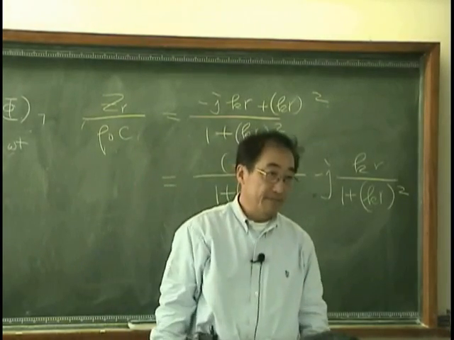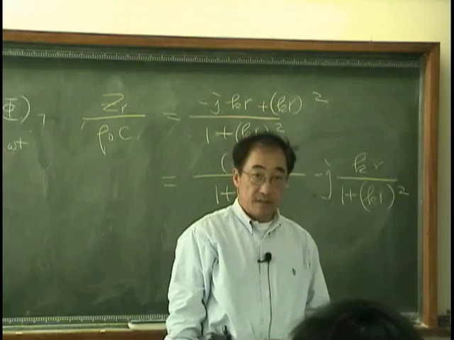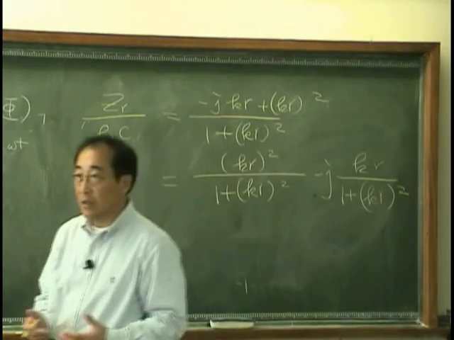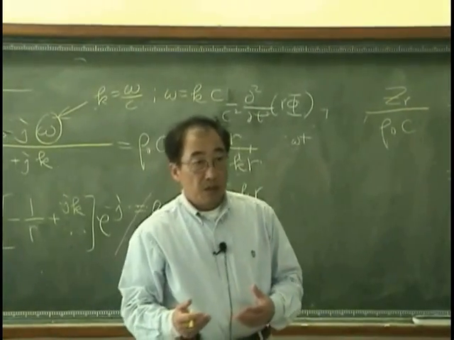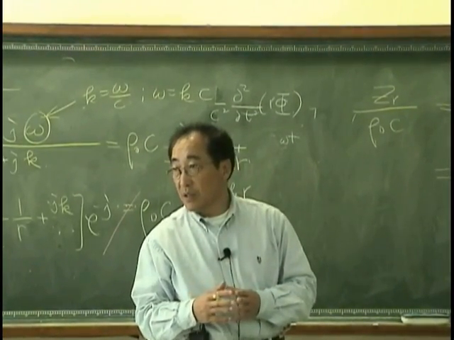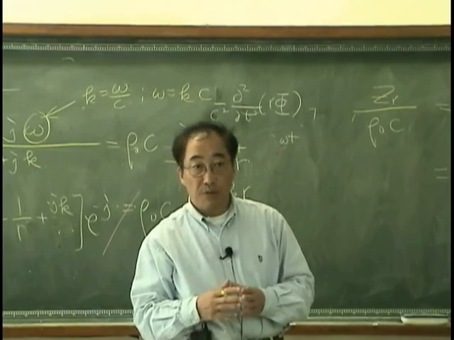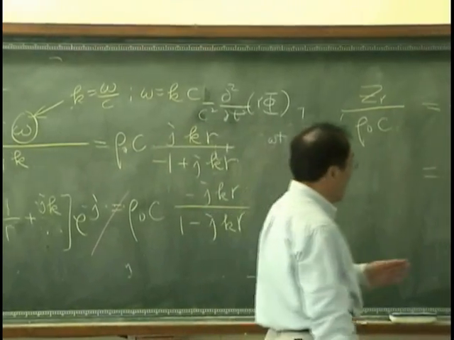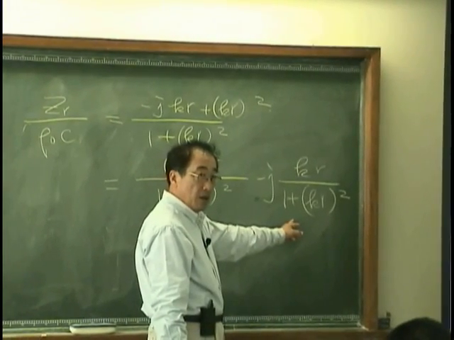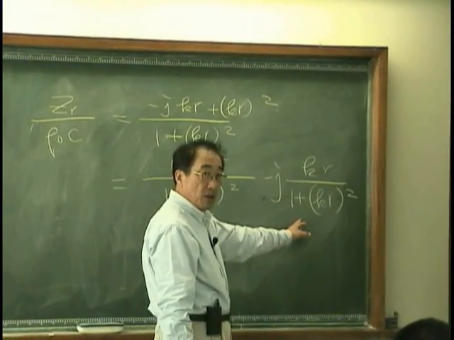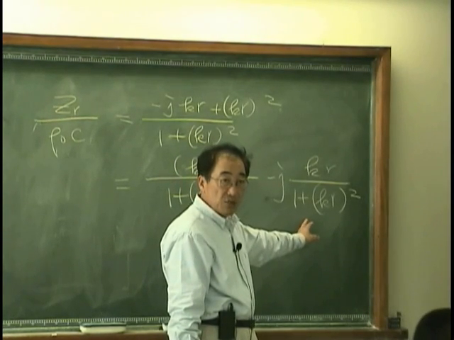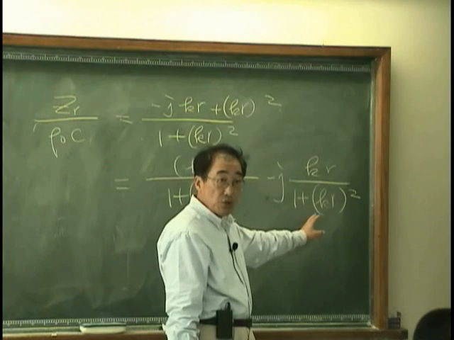plane wave. So in a far field, the wave field behaves as if it is plane wave field. But this one, when KR is very, very large, this one approaches 0.